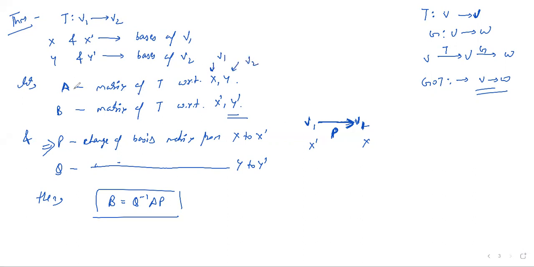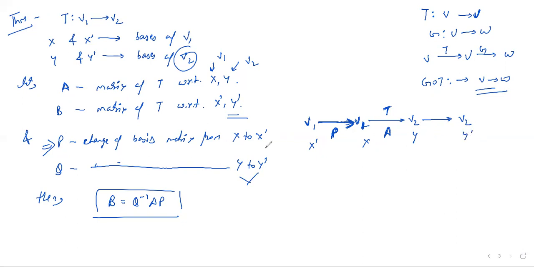So this mapping is performed from V1 to V2, and after performing this linear mapping I got the matrix A. Then the Q matrix is my change of basis matrix from y to y dash, where both bases belong to the vector space V2, so this is also going from V2 to V2.